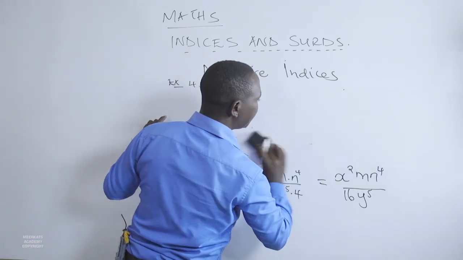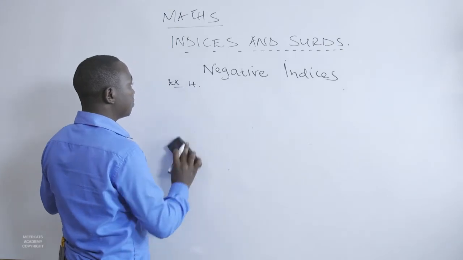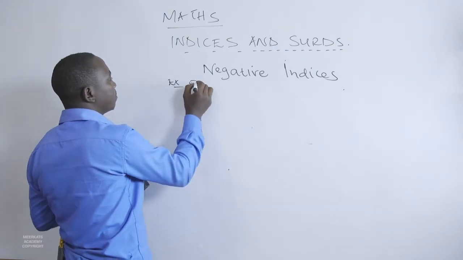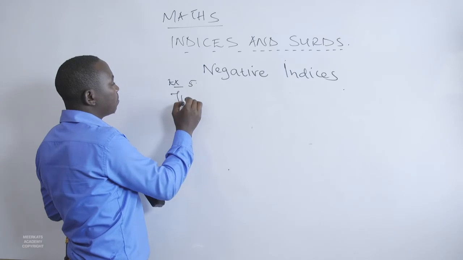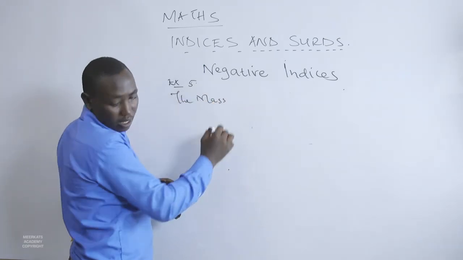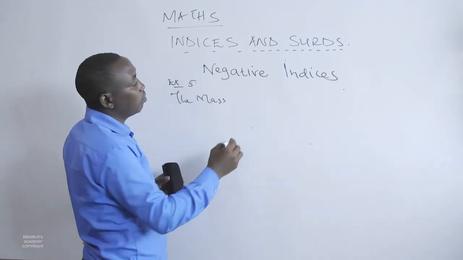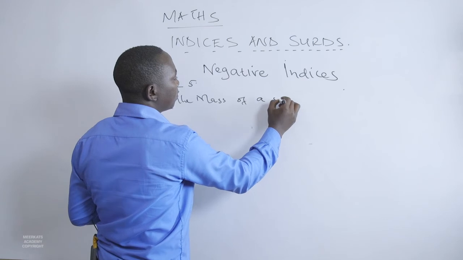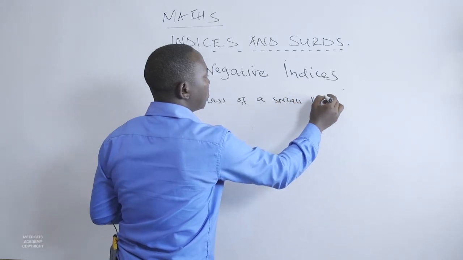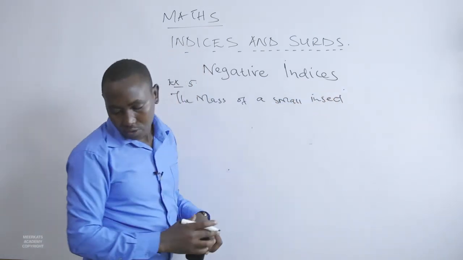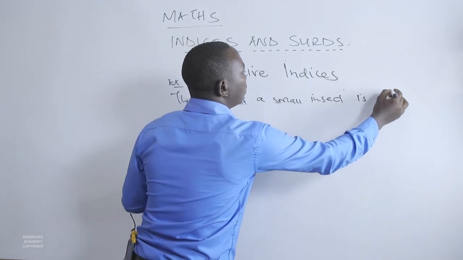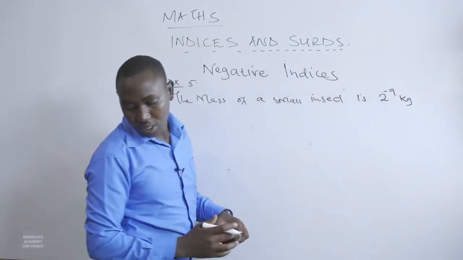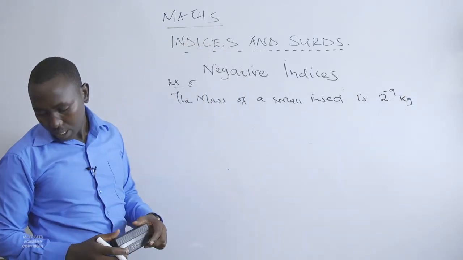Example 5. The mass of a small insect is 2 raised to -9 kilogram.